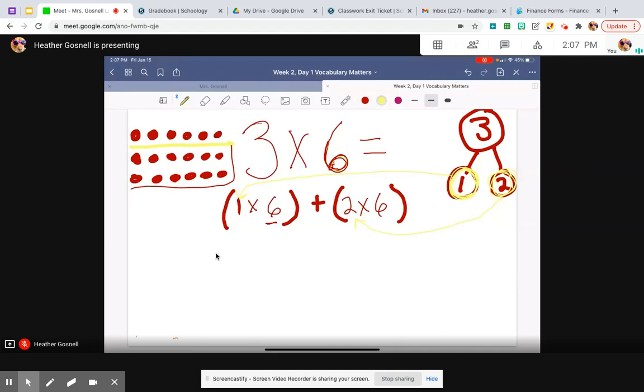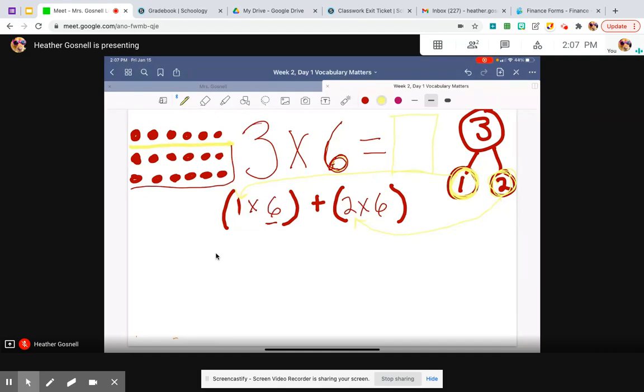So we're ready to solve because we're not done yet. Remember, we want to ultimately find the product of 3 times 6. So how do we do that?